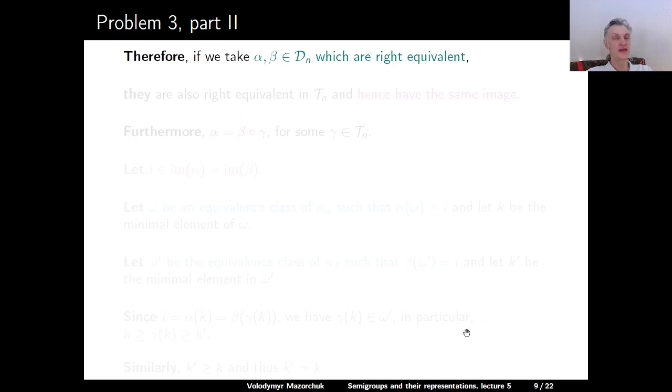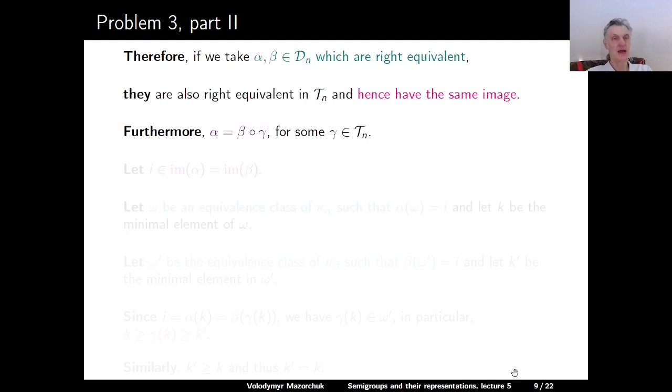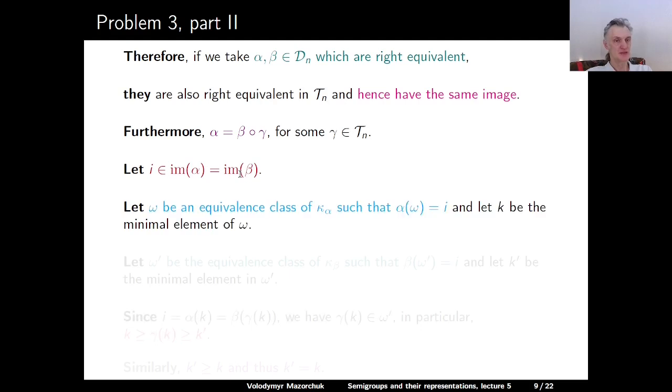Therefore, if we take alpha and beta in Dn, which are right equivalent, they are also right equivalent in the full transformation semigroup, and hence they have the same image. Also, from our alternative description of the right relation, we can write alpha as beta after gamma for some gamma in our semigroup Dn.